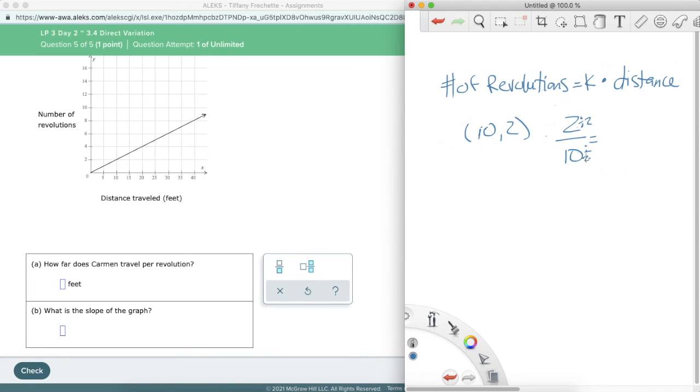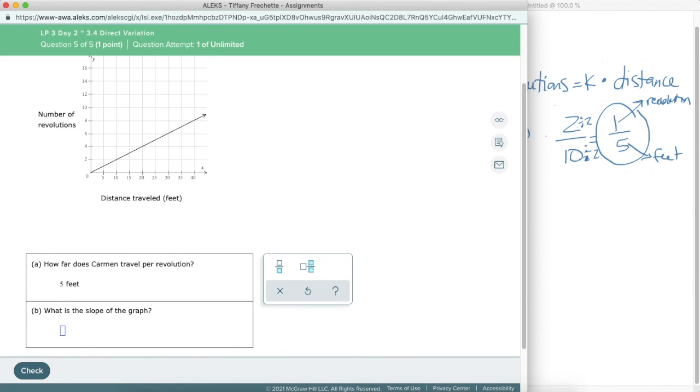So 2 divided by 2 is 1, 10 divided by 2 is 5. So there's my ratio. I can see for every revolution I make, because that's the top, here's the y, the revolution, how far do I go? I go 5 feet, because that's my x. So I just answered that question by using my ratio.